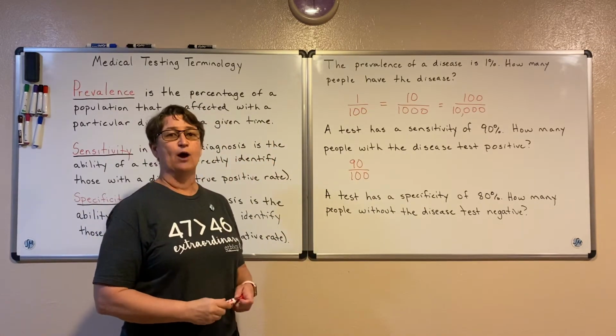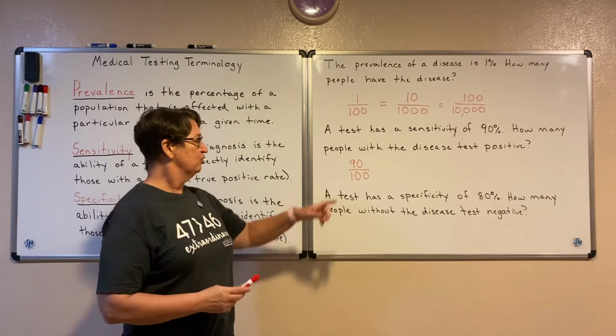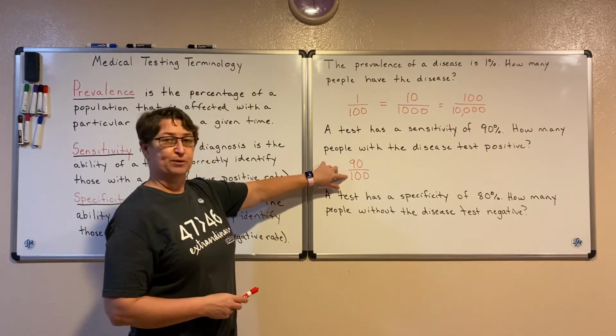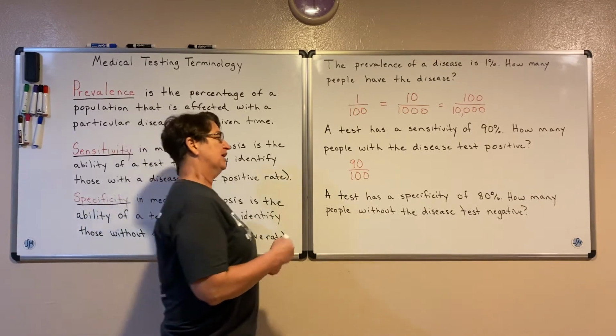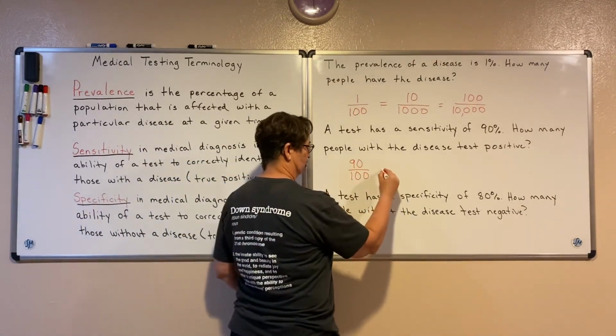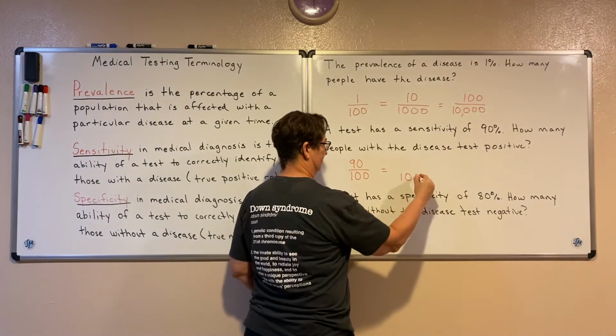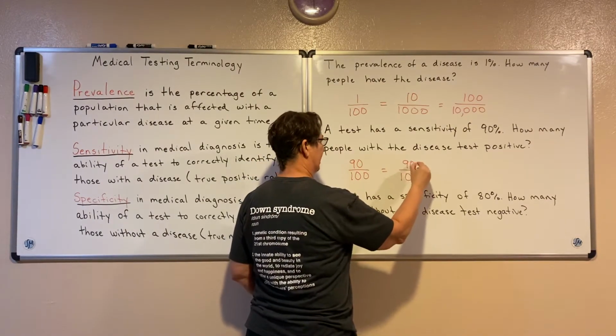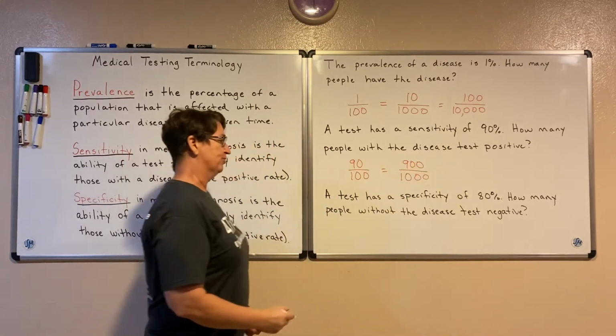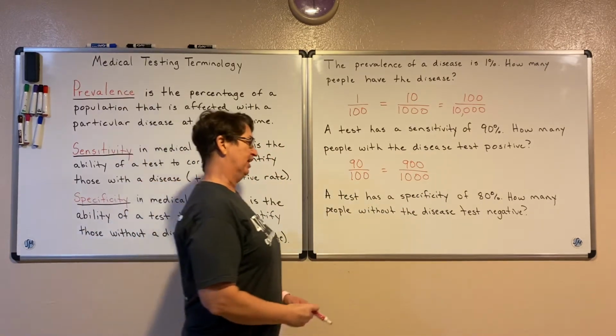They're going to walk out with a positive test. So 90 out of the 100 people with the disease walk out with a positive test. Now, if my population is larger, let's say I have 1,000 people with the disease, well then 900 of them walk out with a positive test.